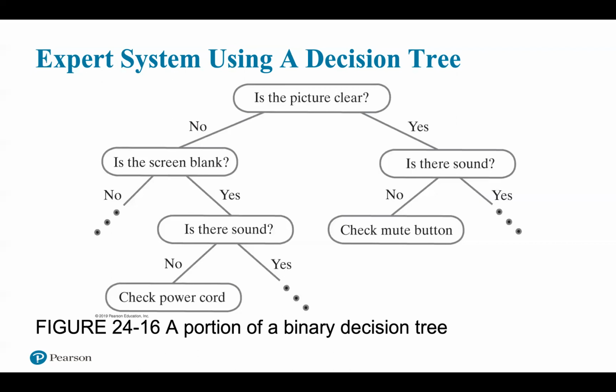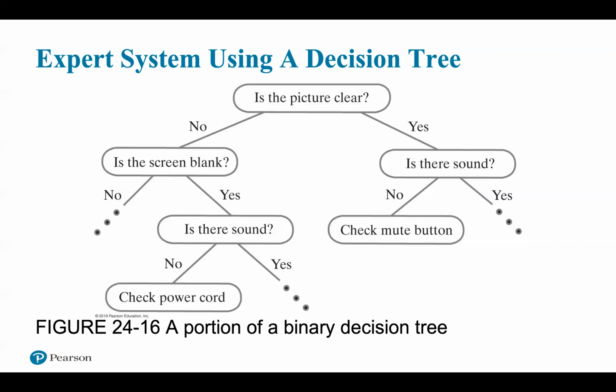For example, the decision tree in figure 24.16 shows a part of a binary tree of yes or no questions that diagnose a problem with a television. To use this decision tree, we first would display the question in the root, which is the current node. According to the user's answer, we would move to the appropriate child, the new current node, and display its contents.